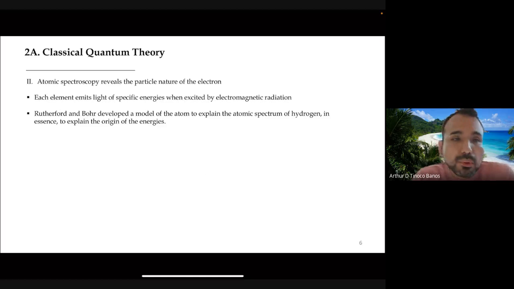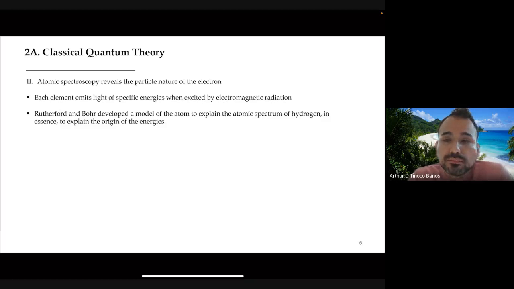One of the most important experiments that really helped to define the property of the electron in terms of its particle nature was atomic spectroscopy. All right, so what exactly was spectroscopy? Essentially, this provided a perspective of each element being able to emit light of specific energies when excited by electromagnetic radiation.